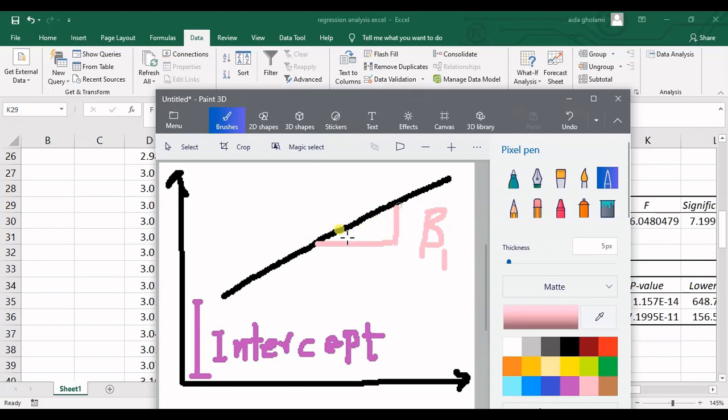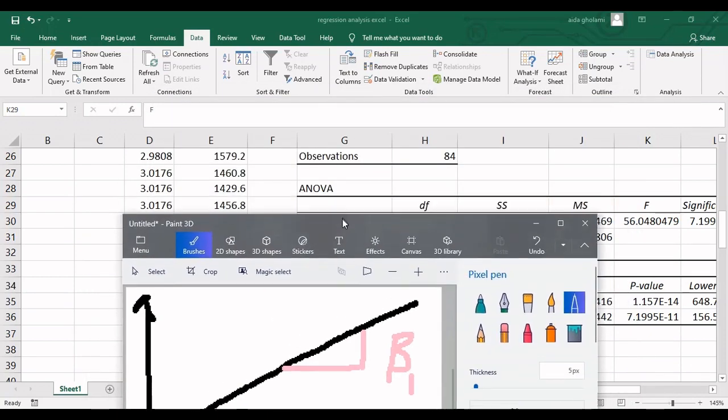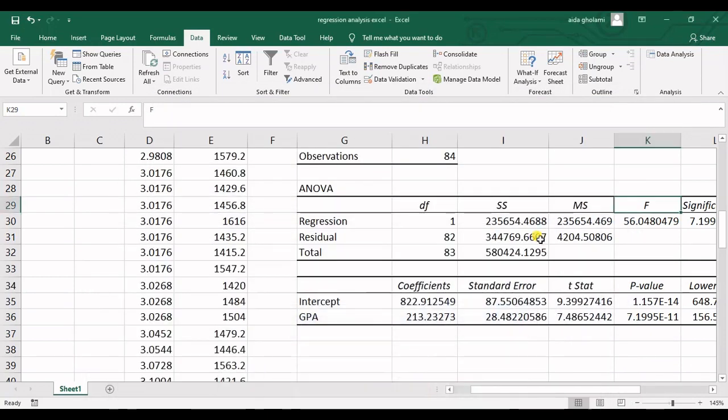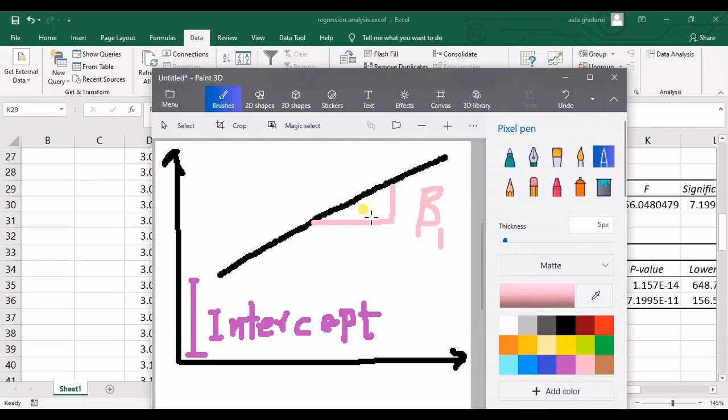This is the slope of this line, and interpreted as the coefficient of the independent variable, which here is 213. So that's the graphic imagination of this data.